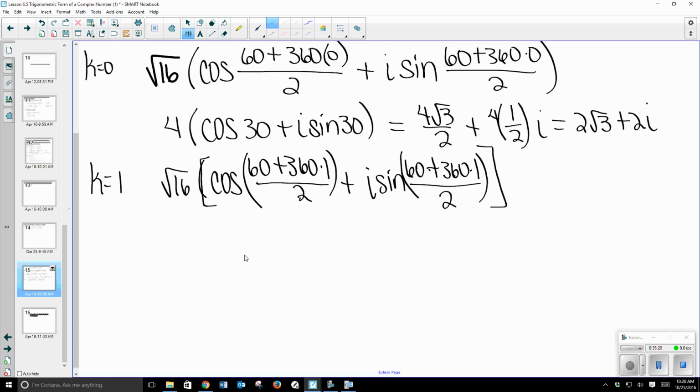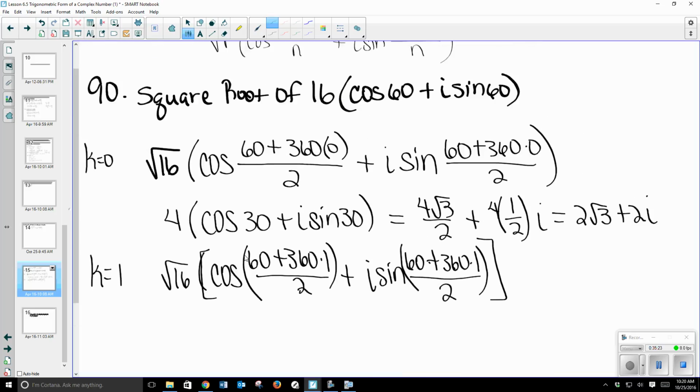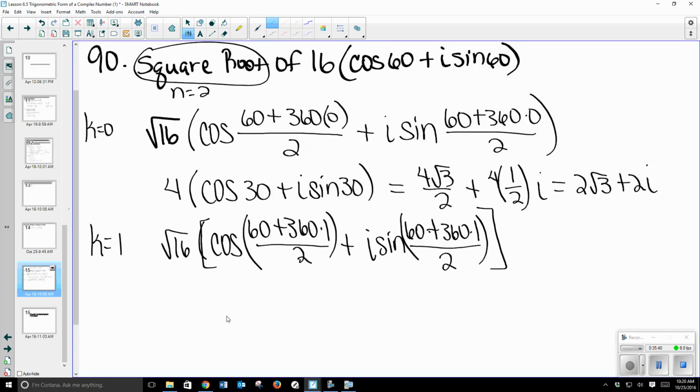How do we get 2? Where does that come from? This tells you what n is. n equals 2. If it's the cube root, n would be 3. And then if n is 2, we have to do k equals 0 all the way up to n minus 1, which is 1.